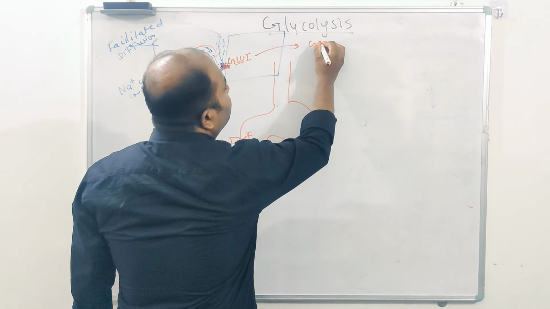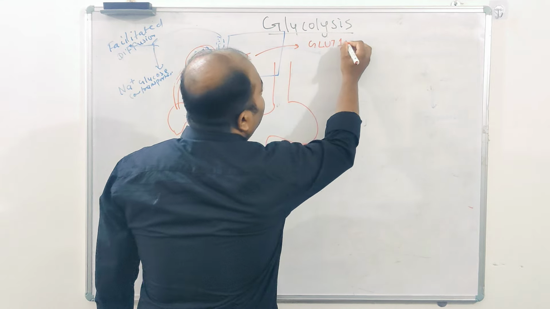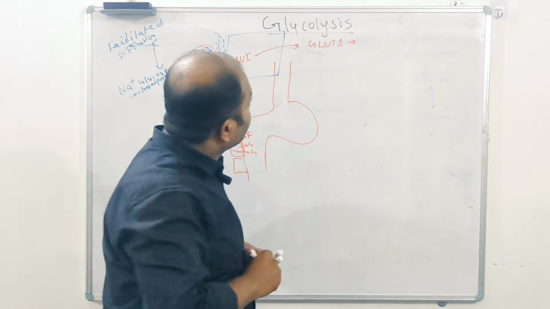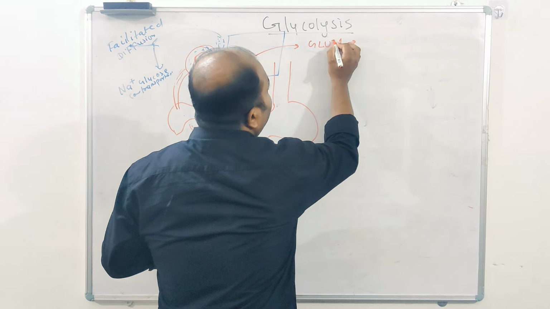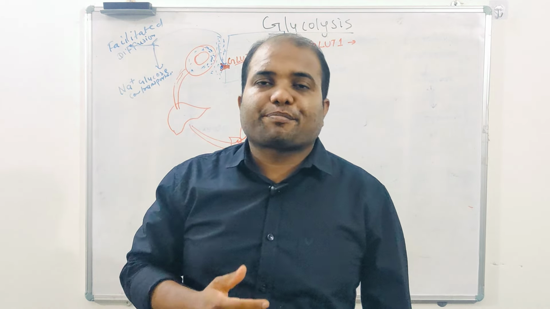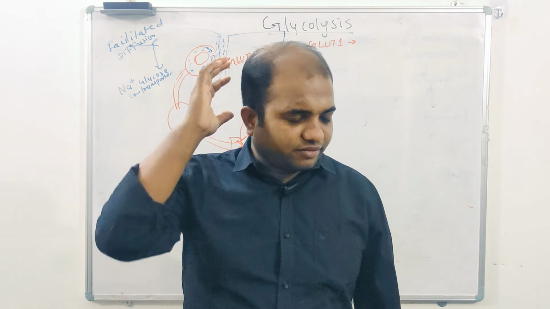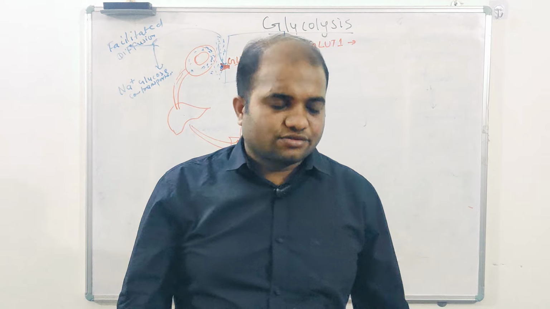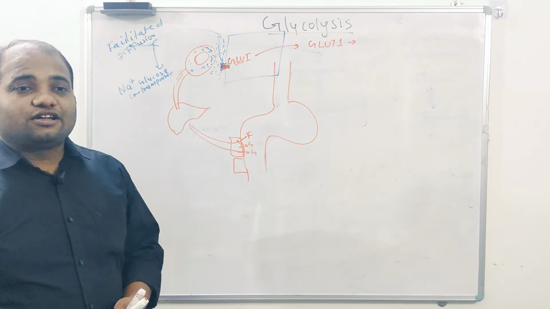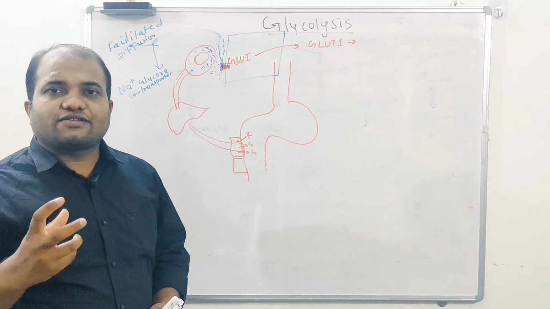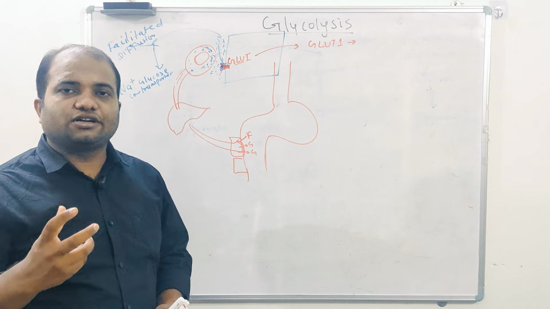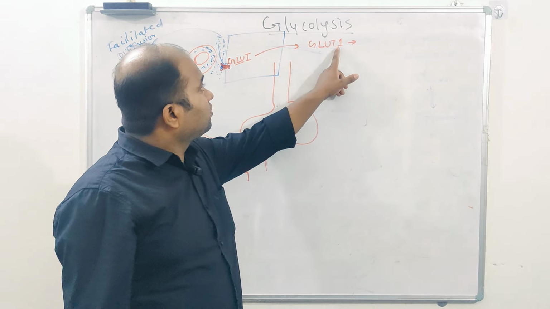First is GLUT1, glucose transporter 1. It is mainly present in the central nervous system. The nervous system cells are very active and energy dependent, so they need GLUT1.